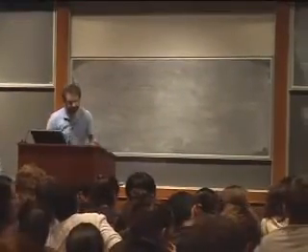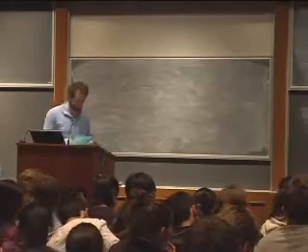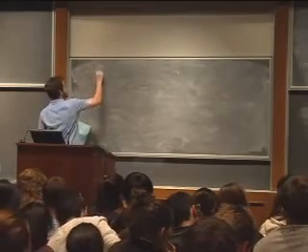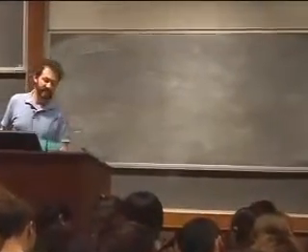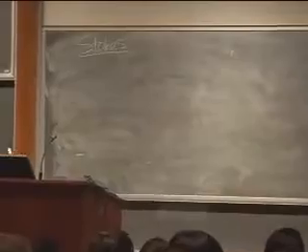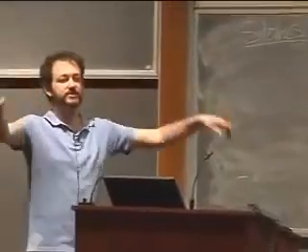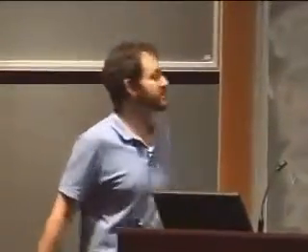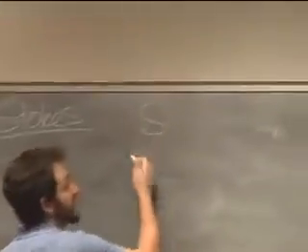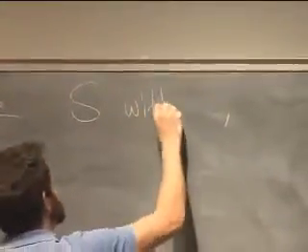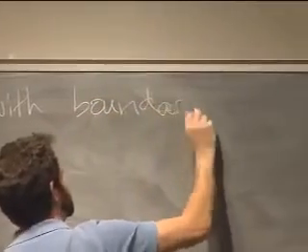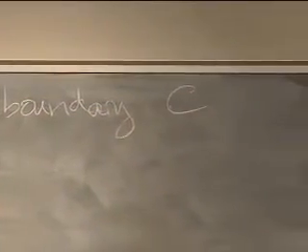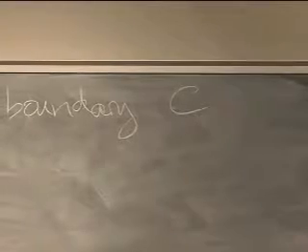Stokes' theorem. Stokes' theorem is quite a similar setting to Green's theorem, but instead of having a region in the plane, you have some surface in space. So we've got a surface S with a boundary C. Now again, the technicality of the surface is that it has to be smooth.